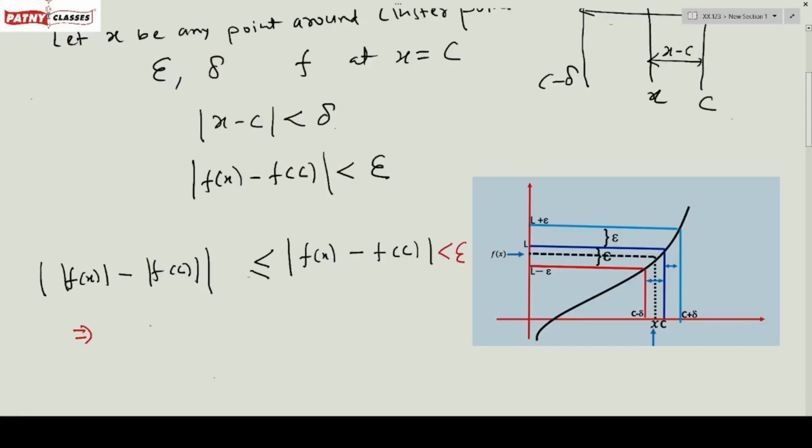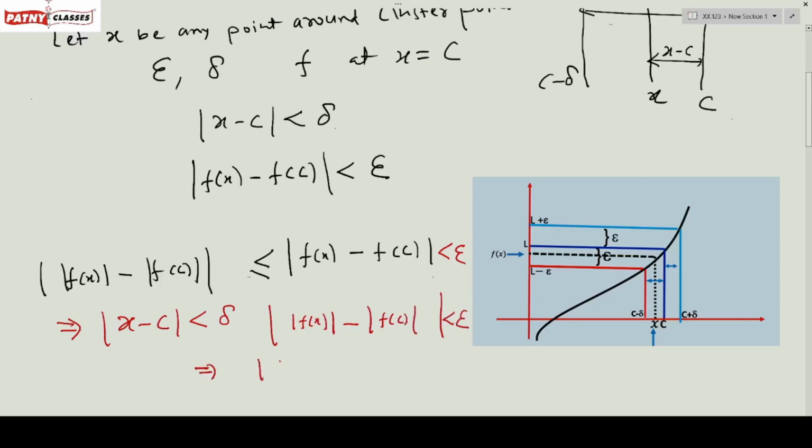This implies that if modulus of x minus c is smaller than delta, then modulus of f of x minus modulus of f of c will be smaller than epsilon.